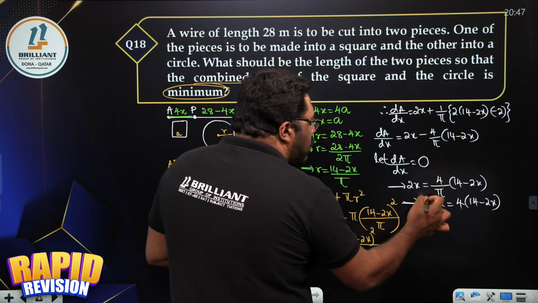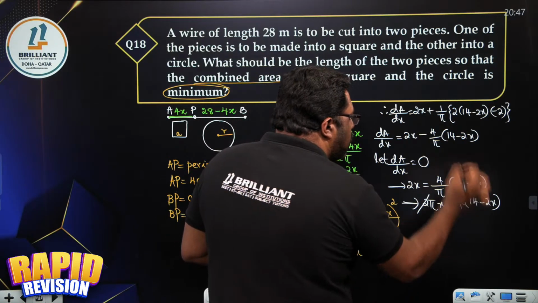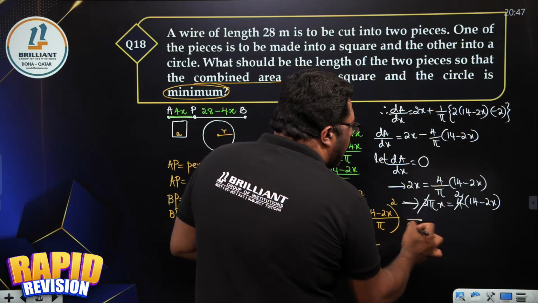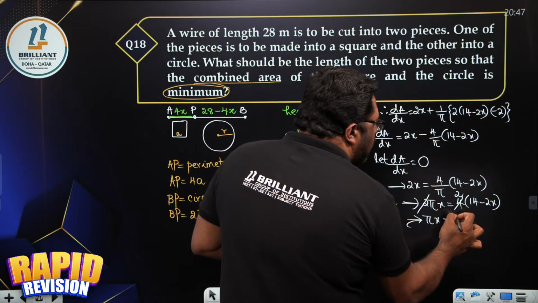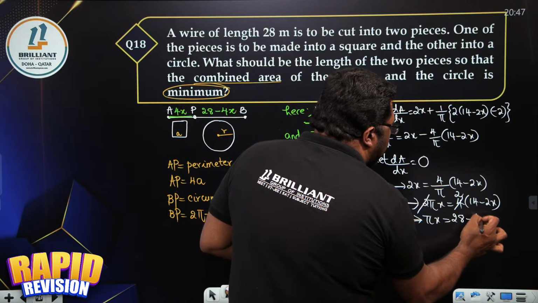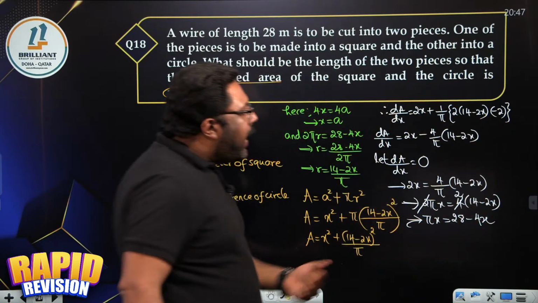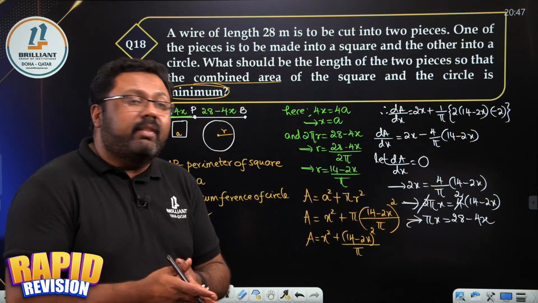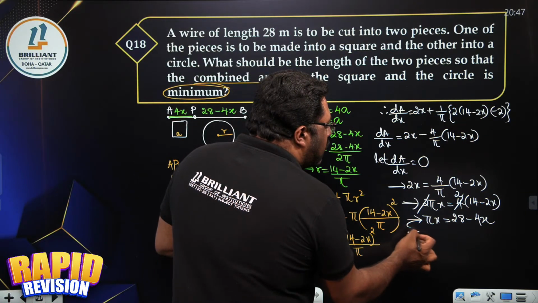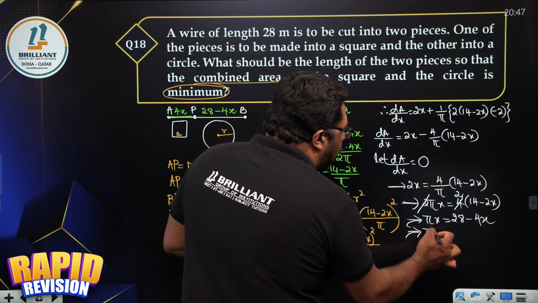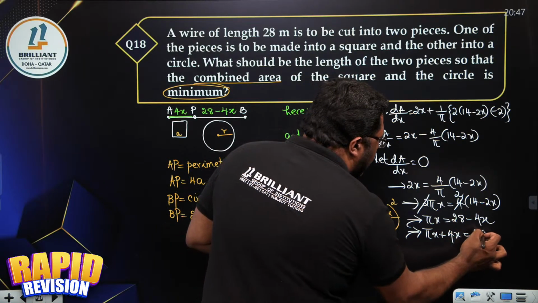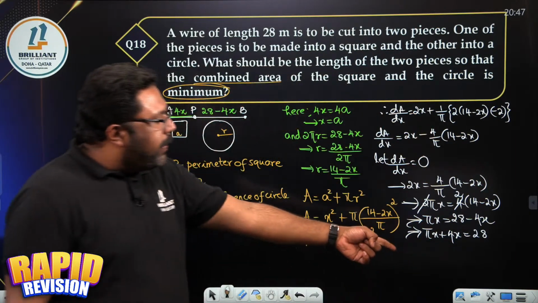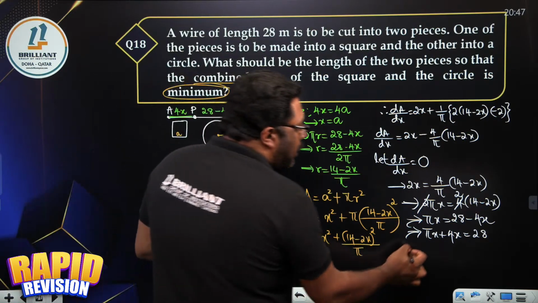You can cancel 2 and 4, get 2 here. Open the bracket now. Pi x equal to 28 minus 4x. I'm trying to find the value of x, so collect the x terms on one side. Pi x plus 4x equal to 28.